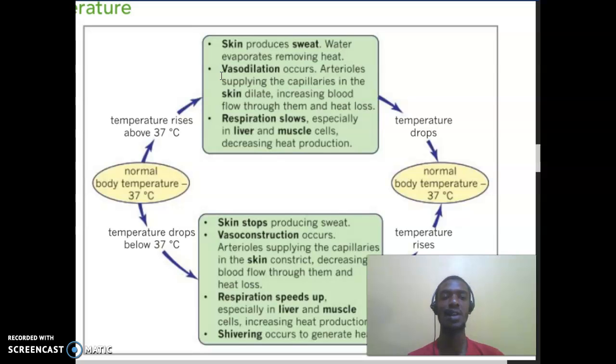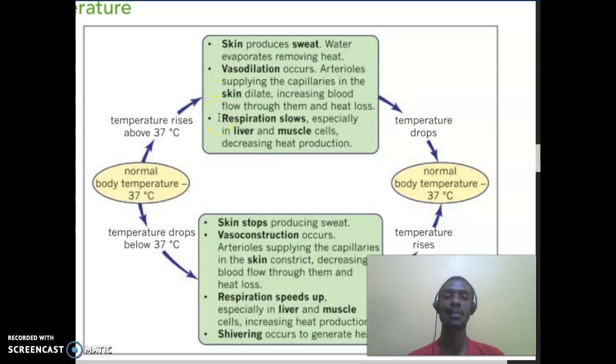Heat can also come from internal organs, especially the liver, which produces a lot of heat because it carries out very important metabolic processes. So the liver generates most of the heat from inside our body.